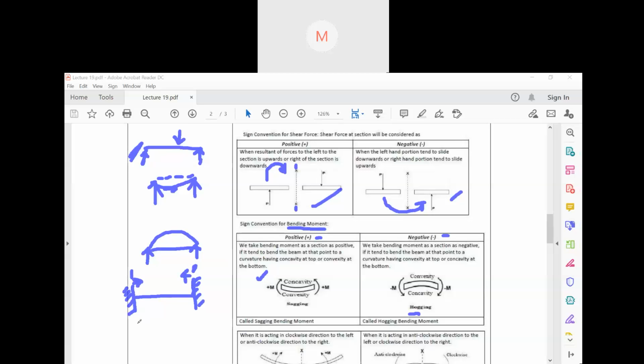Then it will be somewhat like this, no? If it is coming in this side, and if it is coming in this side, because of certain disturbances, it may be because of an earthquake or anything else, then it will behave in that manner. Are you getting me now? Got it? Okay. So this is how hogging and sagging are different.